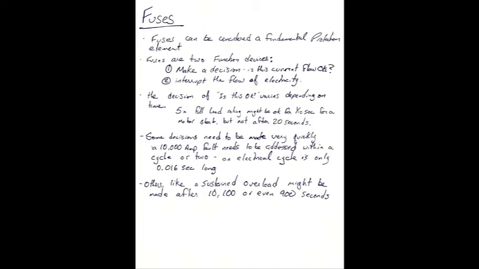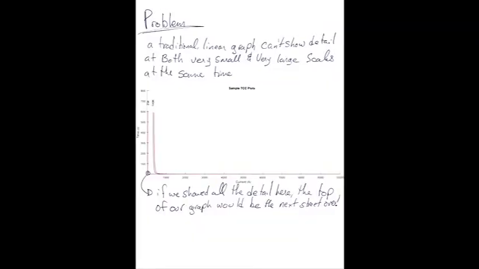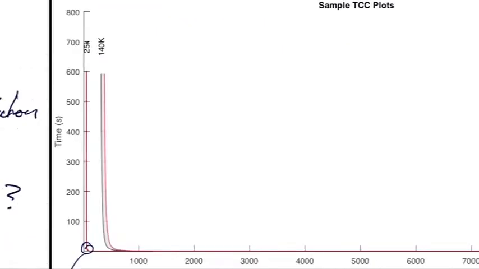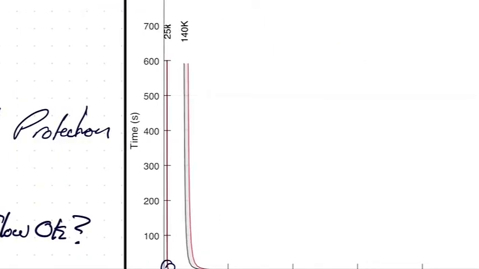And so if we were to plot a fuse's behavior on a graph, it's not a very interesting thing to look at. If we take a look, this shows 2 fuses, the 25 and the 140 amp element, and you can see here, this is our 25 amp.